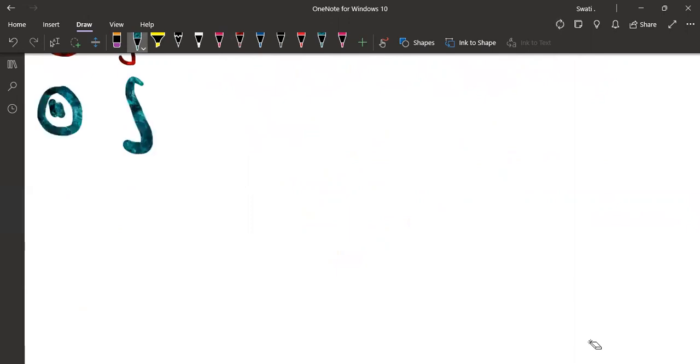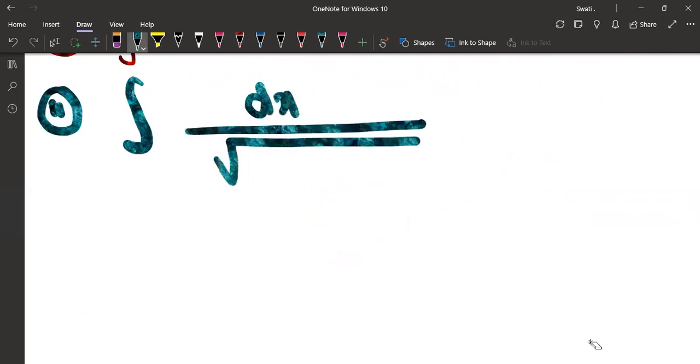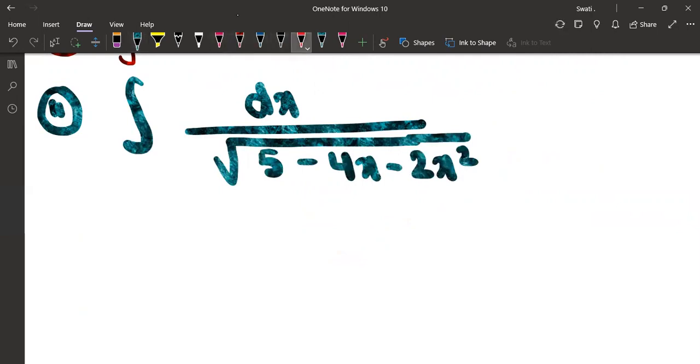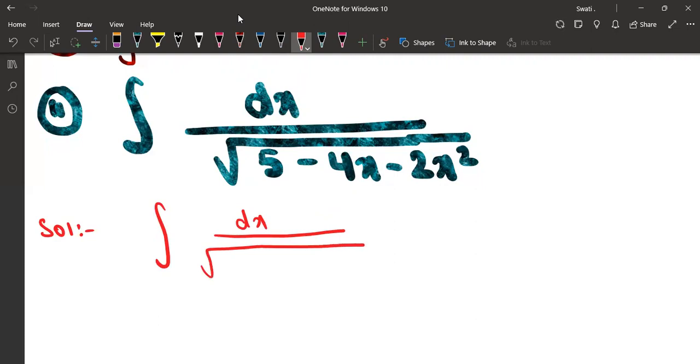Integration dx upon root over 5 minus 4x minus 2x squared. Now let's simplify this. For that, I'm just going to write this as integration dx upon root, I can write this 5 as 7 minus 2, right?